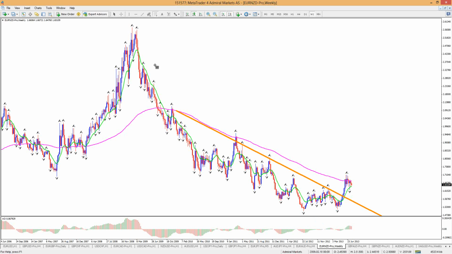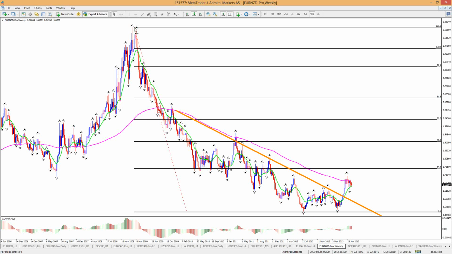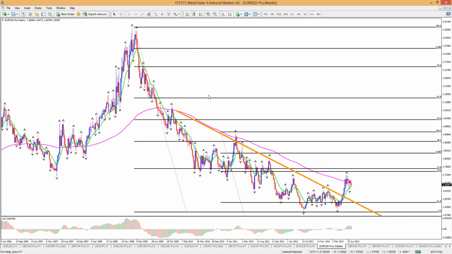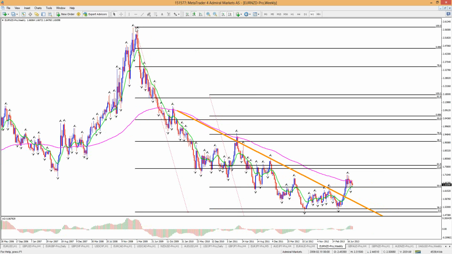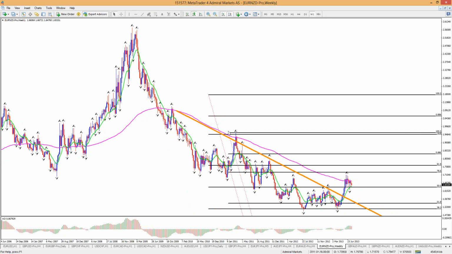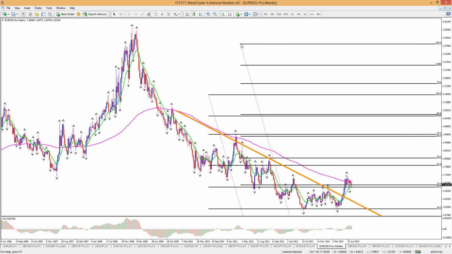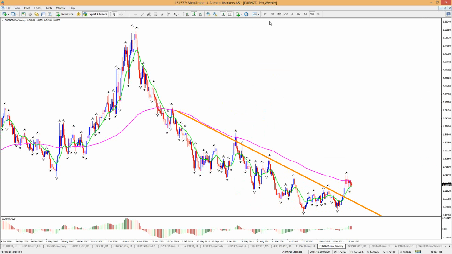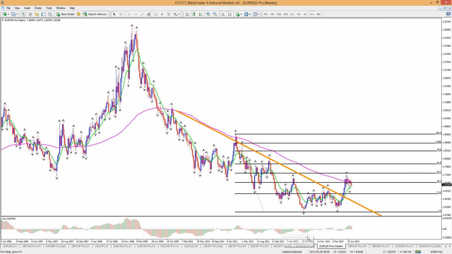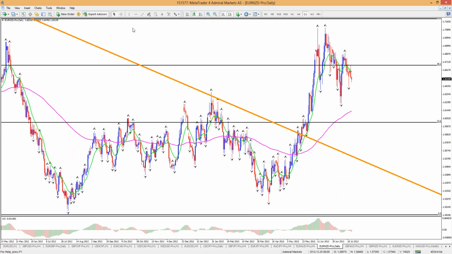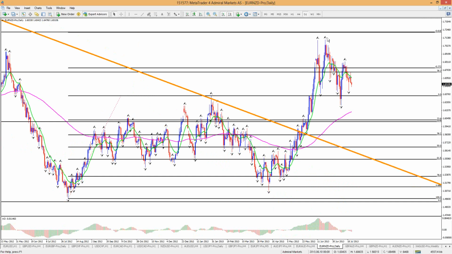It did stop at this 50 fib of this last down move and right at the moving average. If we were to put a fib on this upside, it came pretty close to the minus 618 target here.